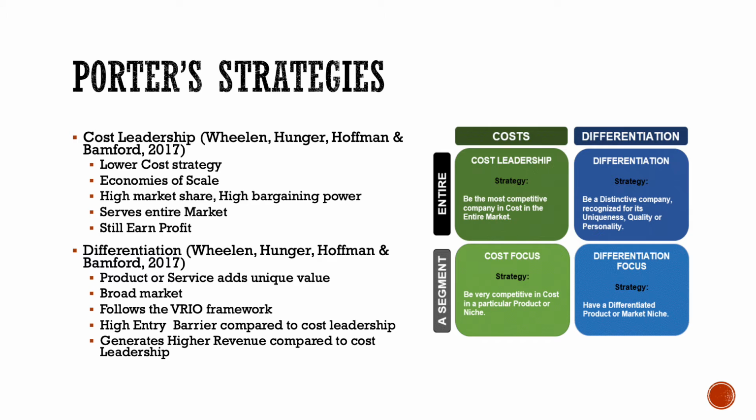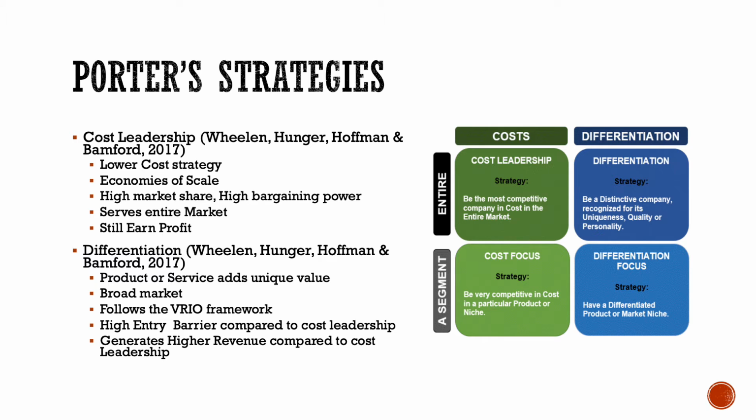Let's look into Porter's strategies. Primarily, for competitive strategies, there are four different kinds of strategy devised by Porter. The first one is cost leadership. In cost leadership, the competition is based on cost.